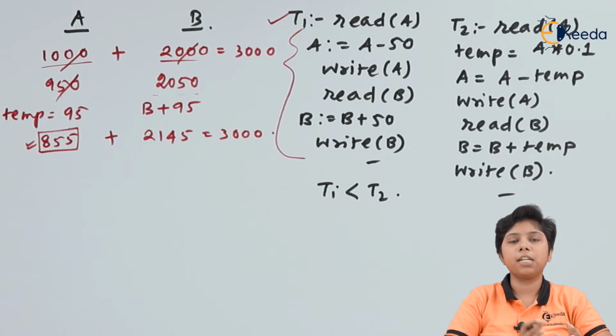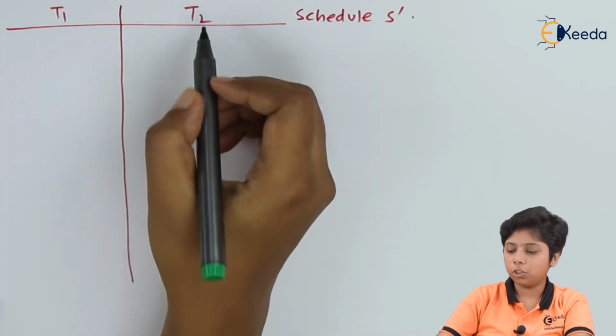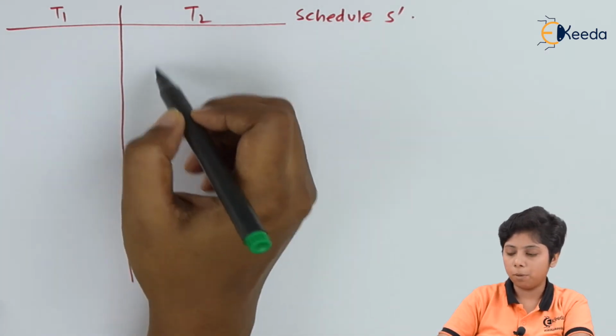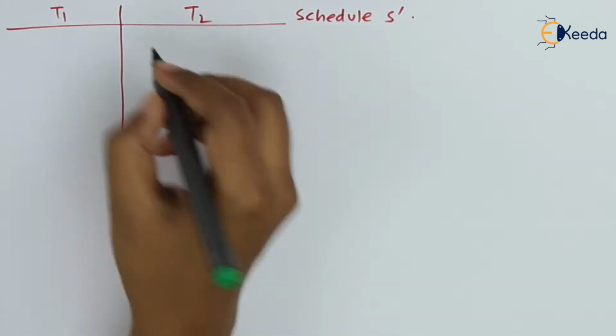Now, if there is any other schedule that we can make on these transactions to make a consistent schedule, yes, just check for it having T2 with T1. That means T2 will precede T1. Now we will perform the same with T2 preceding T1. So now T2 will be performed first. So all the operations of T2 will appear first in this schedule S dash.